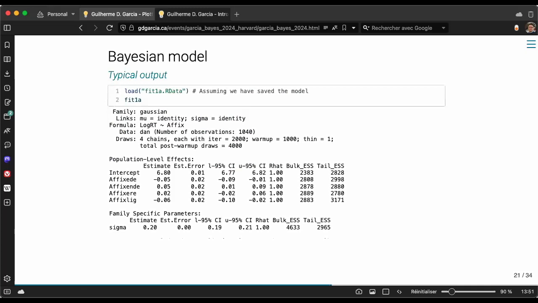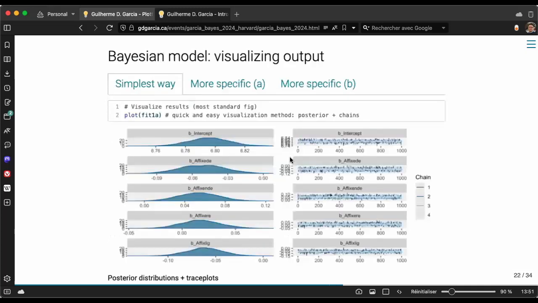Where were we? Here. All right. So the easiest way to plot it is just to use the plot function. It gives us the posterior distributions of the model and the trace plots. And we can see the trace plots look fine. If we can't make anything out of it, it looks fine, right?